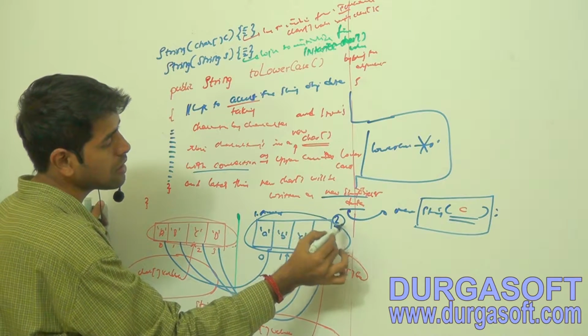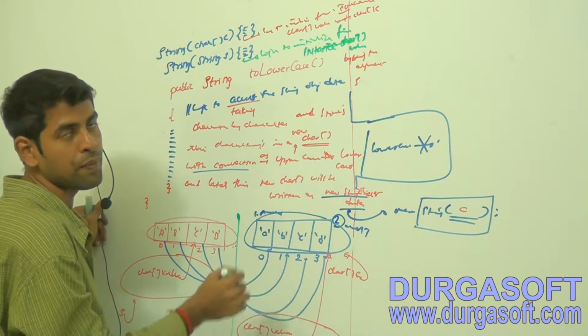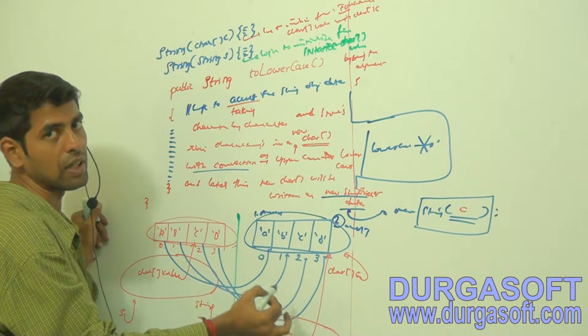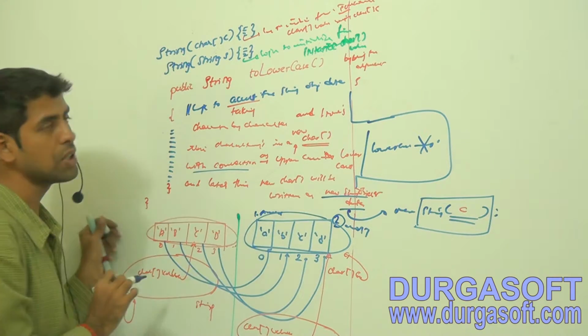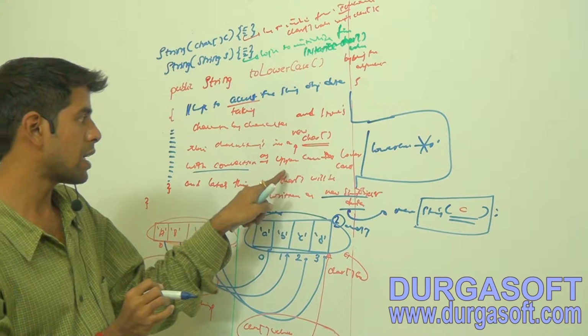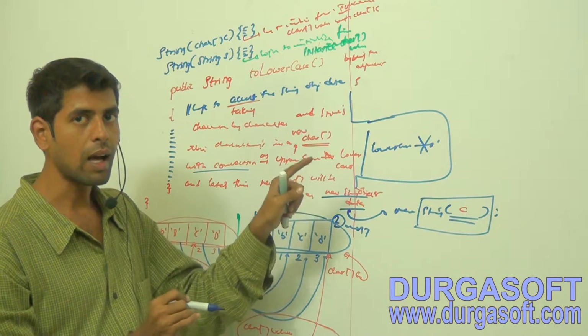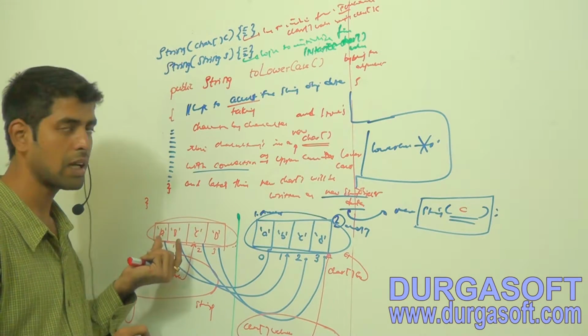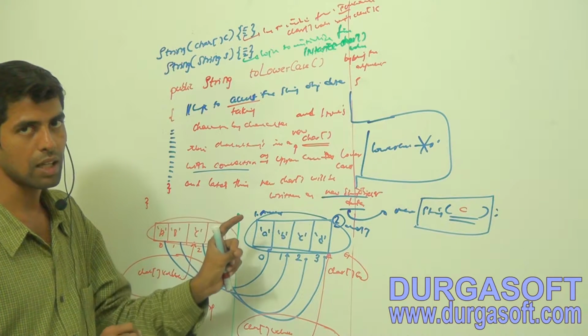I will create this char array and store each and every character with conversion: if any uppercase alphabet, I will convert that into lower case.